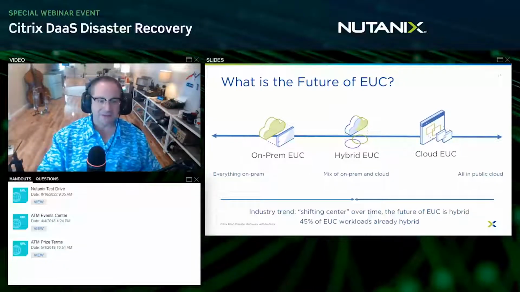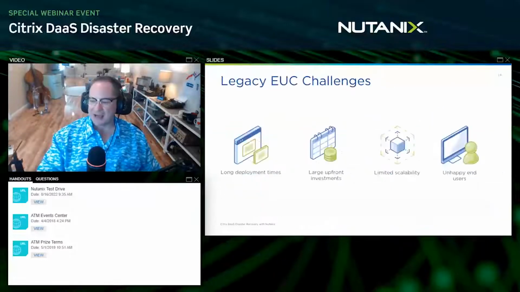So the trend is hybrid. You're probably seeing it at work yourself. I know that we're seeing it all the time as well. But I remember that it was the year of VDI, and it was the year of cloud, and really the magic spot is in the center, where that hybrid environment lives.